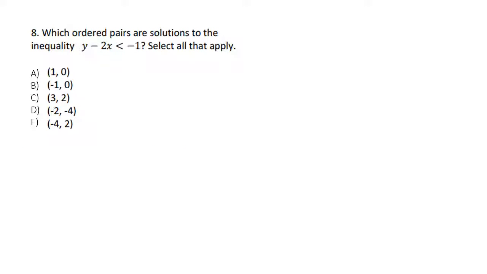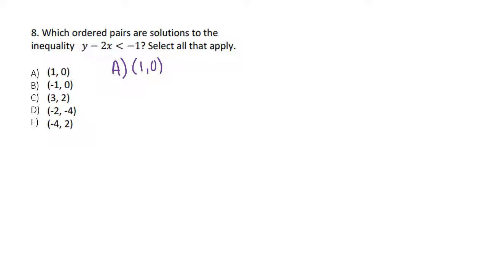For number 8, we're asked which ordered pairs are solutions to the inequality y minus 2x is less than -1. Select all that apply. We have 5 ordered pairs that we're given. We need to plug in each of those ordered pairs to our inequality and see if it comes out true. So let's start off with A, and that's 1, 0.